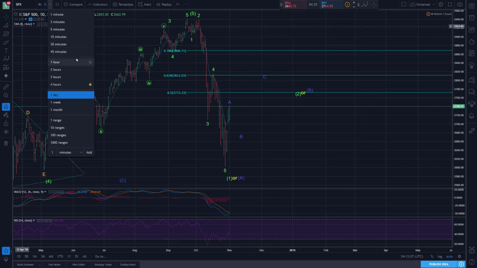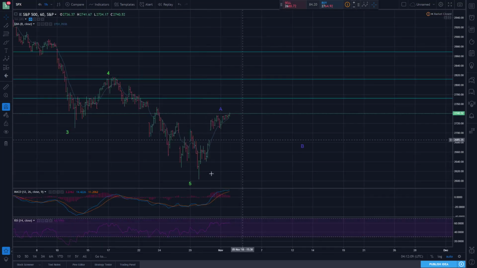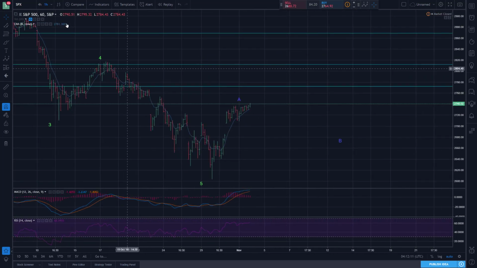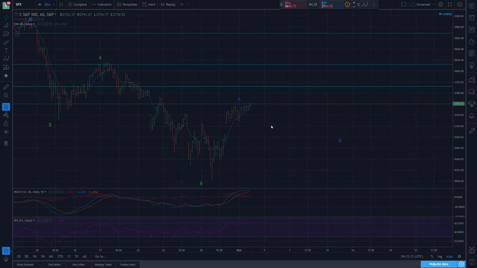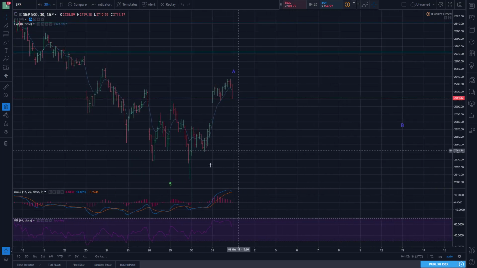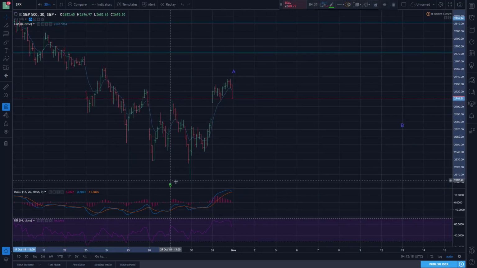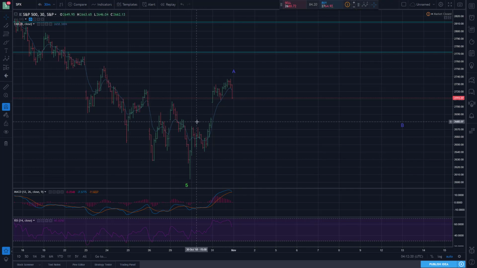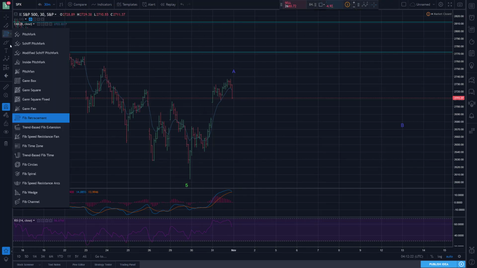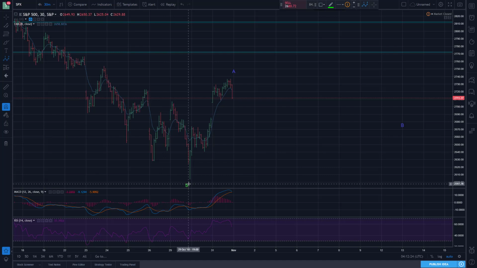But on the hourly chart, let's see here. Maybe we'll do the 30-minute, a little more detail. From the low, it looks like we have a little 5 waves up potentially in place.